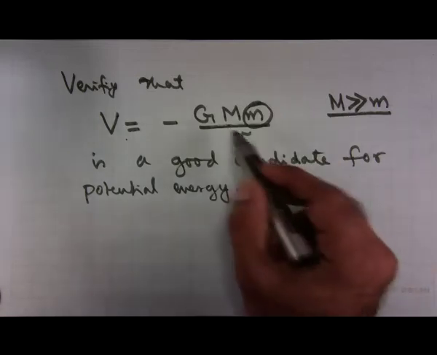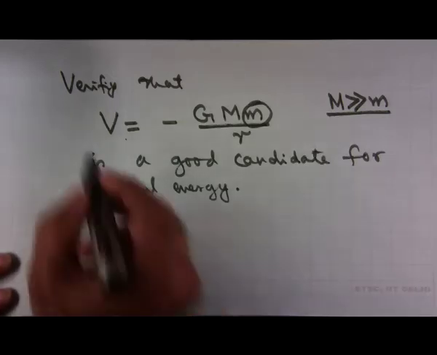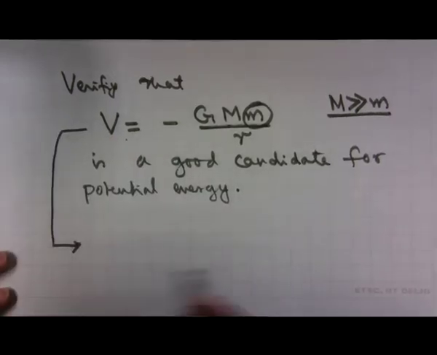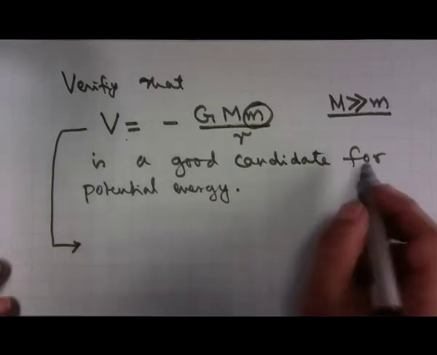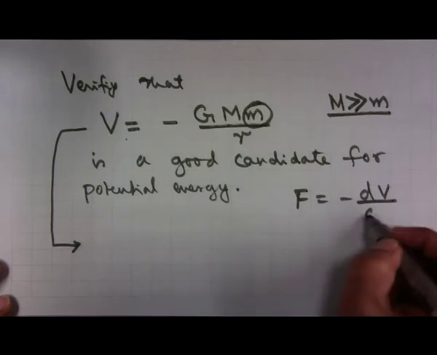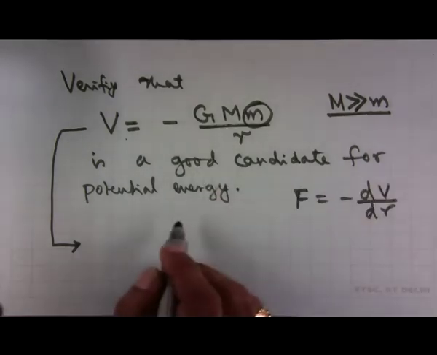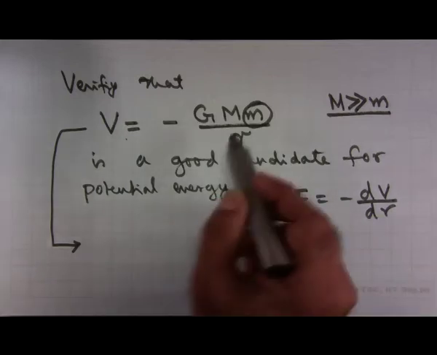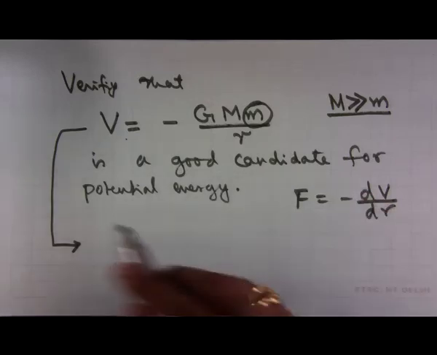So, when I am writing V equal to minus G M m by r, I told you I could have always put a constant, and it is very easy for you to verify that if I were to differentiate, I should get the force. So what is my force? My force is minus dV by dr, into r hat. When I do minus dV, this becomes G M m by r squared, and it carries a minus sign, which tells you that it is an attractive force.